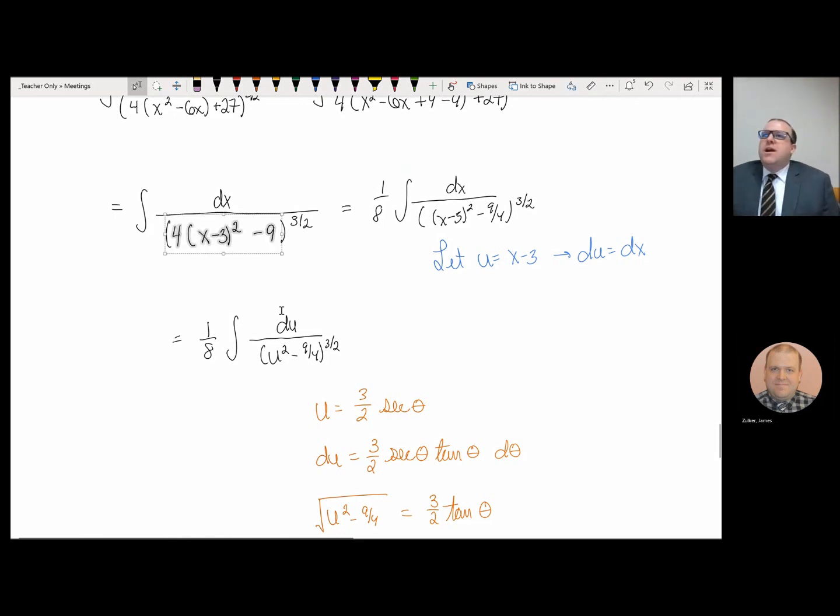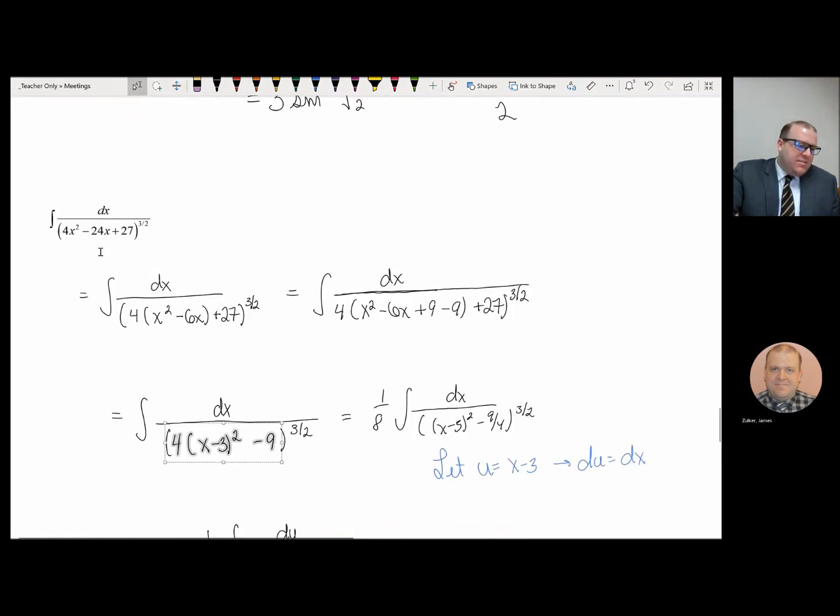That is 4u squared minus 9, no? And how did we get that? From that, no? So 4u squared minus 9 would be 4x squared minus 24x plus 27.